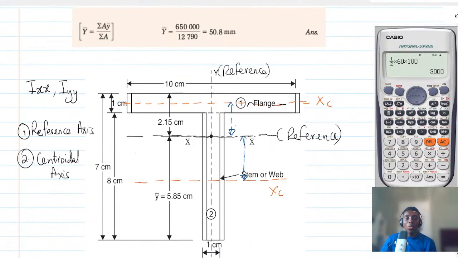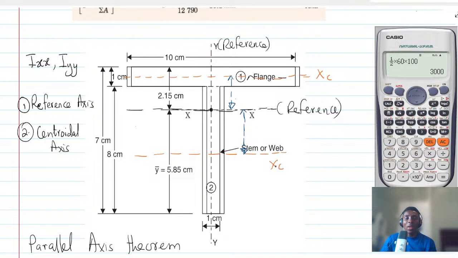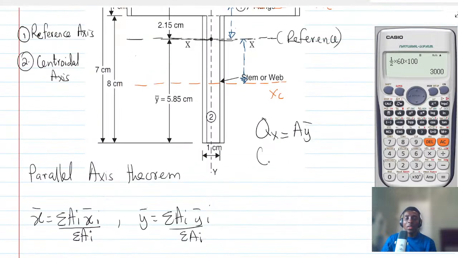So now let's look at something here. We know that the first moment of area about the x is A y bar, and then the first moment of area about the y is what? A x bar, right?